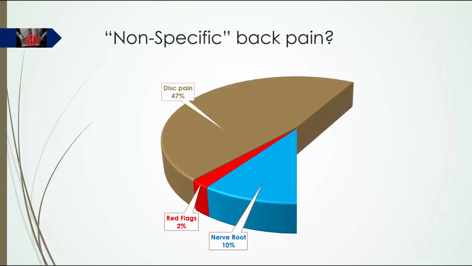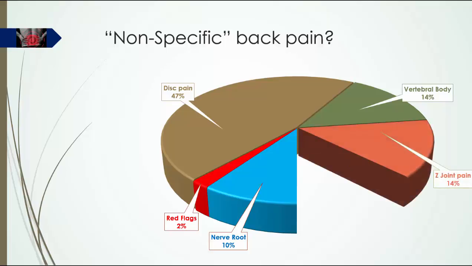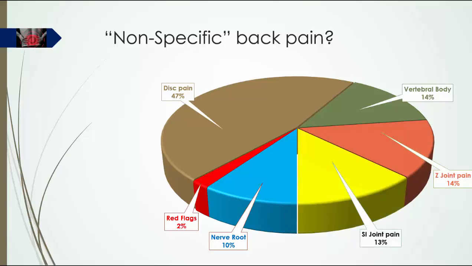Recent evidence suggests that the vertebral body is also a significant contributor. The next subgroups are those cases with facetogenic or Z-joint pain, and then there is the sacroiliac joint, which is commonly ignored because it is technically not of the lumbar spine, so it doesn't rate a mention in discussing lumbar spine pain.